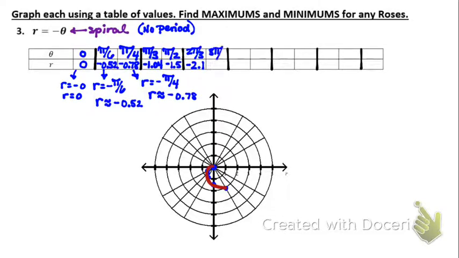Three pi over 4. Negative 2.4. 1, 2, so right about here. 5 pi over 6. Negative 2.6.